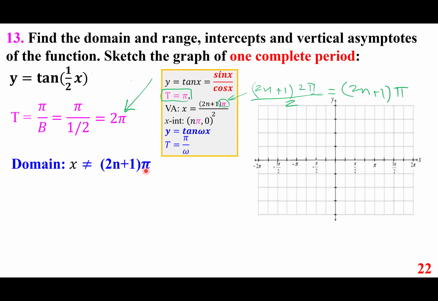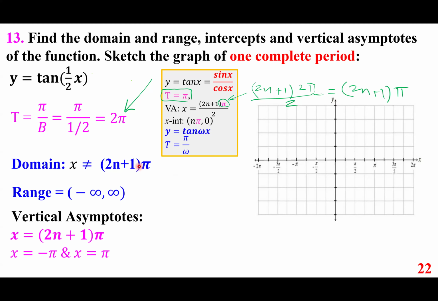So domain, x can't be 2n plus 1 times pi. Range is all real numbers. Doesn't change anything. And the vertical asymptote, I've already discussed those.